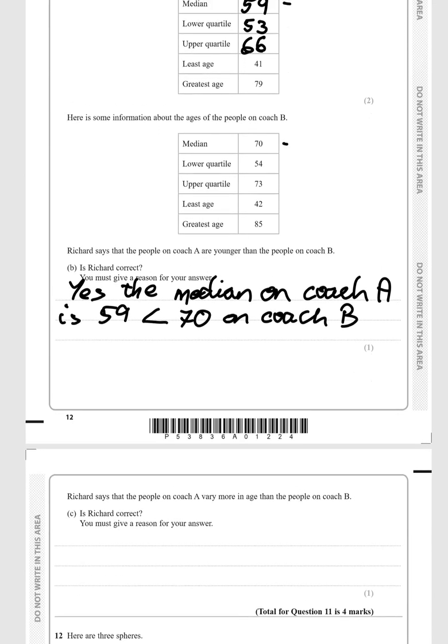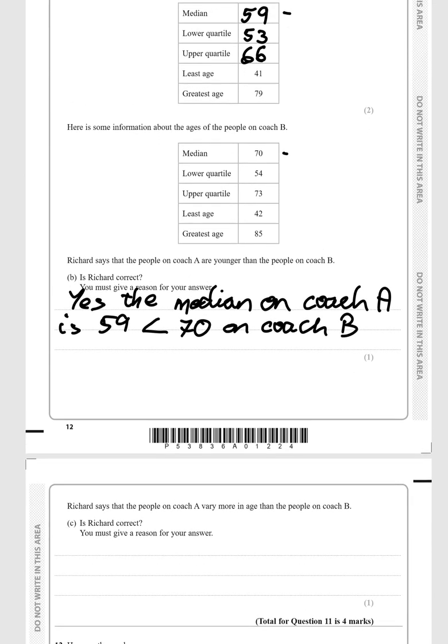However, the final bit of the question, Richard says that the people on coach A vary more in age than people on coach B. Is he correct? So let's work out the interquartile range. So the interquartile range there is 13. And the interquartile range there is 73 take away 54, so 19. Looking at the difference between the lower and the upper quartile. And actually, Richard says the people on coach A vary more in age.